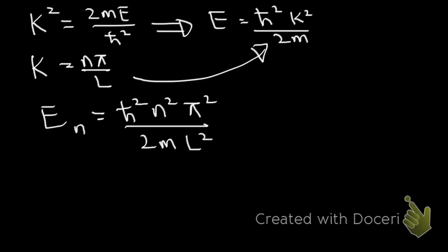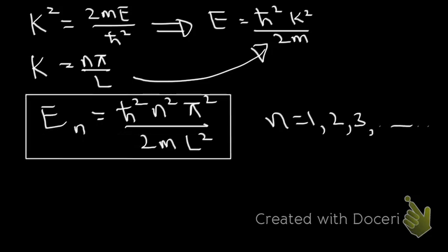So the wave vector quantization leads to the energy quantization. Here again n will be equal to 1, 2, 3 and so on. These are our eigenenergies, and they are quantized because our wave vector was quantized.